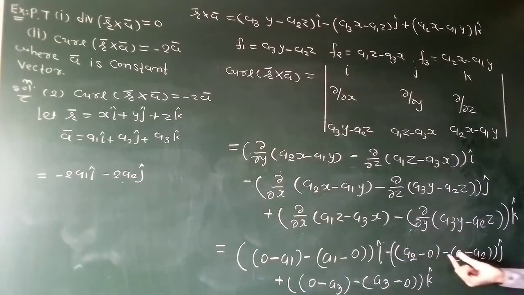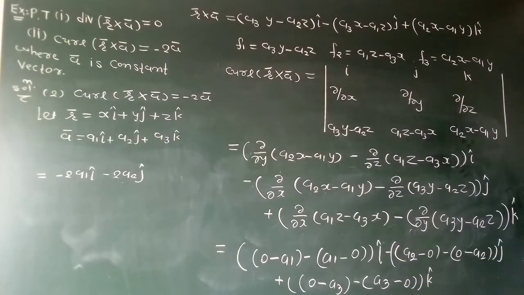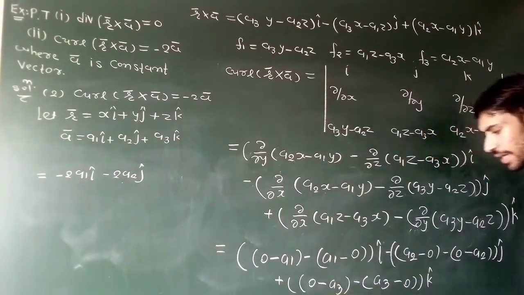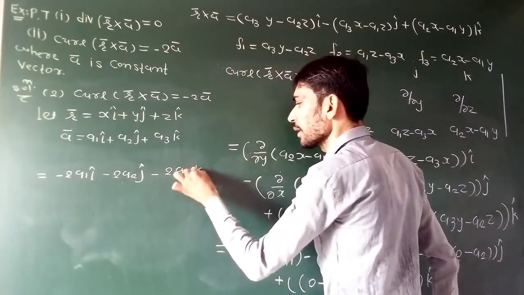Or you can also say minus minus plus a2 plus a2 is 2a2, and the minus in front makes it minus 2a2 into j cap. In the last term minus a3 and minus a3, that means minus 2a3 k cap.